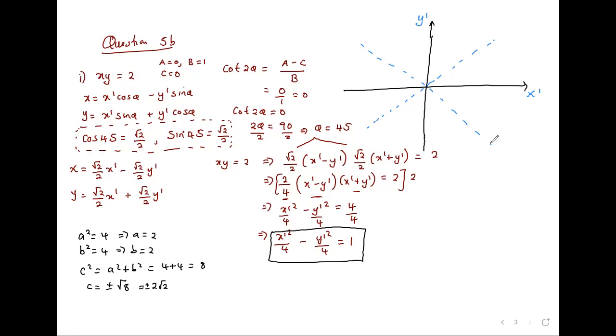So you can choose to place it anywhere. So rotate the axis to change the given equation into an equation that has no cross product xy. Identify the conic and sketch. So I've sketched on the x prime, y prime, so I don't have to use the other one. So use it in the next equation.